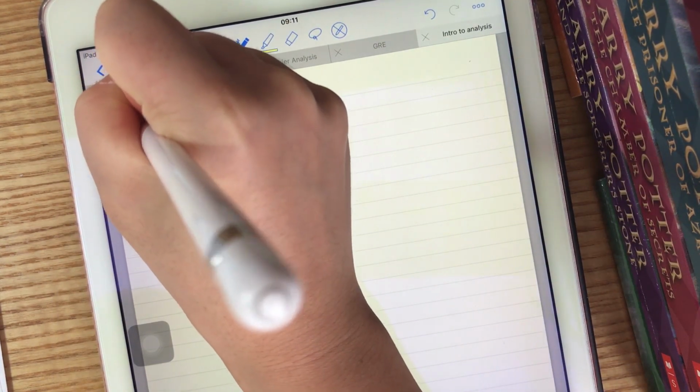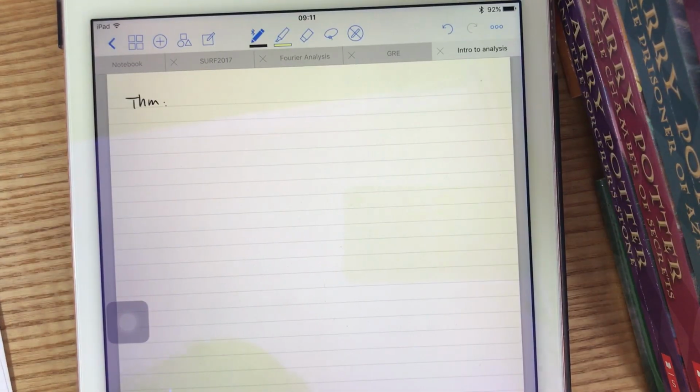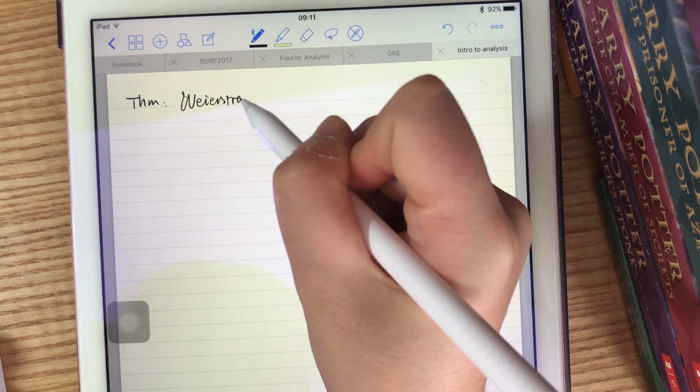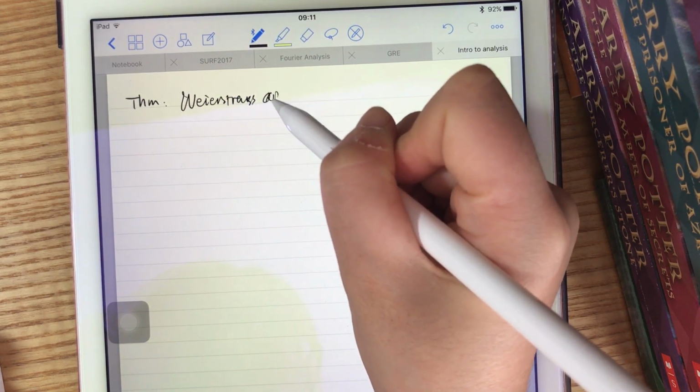Okay, so let's first see what the theorem is like. The theorem is called the Weierstrass approximation theorem.